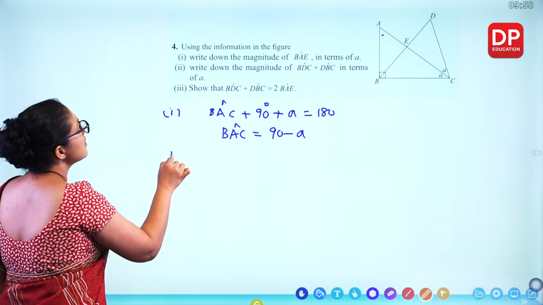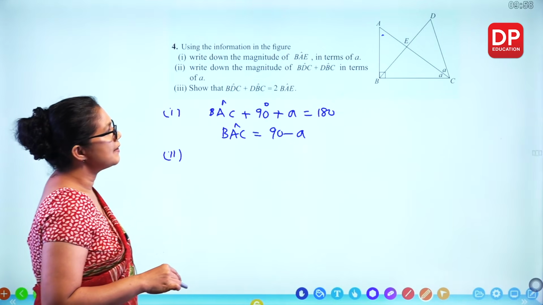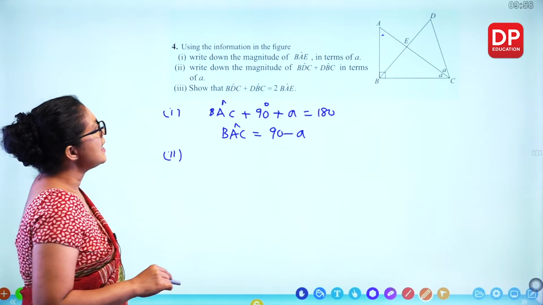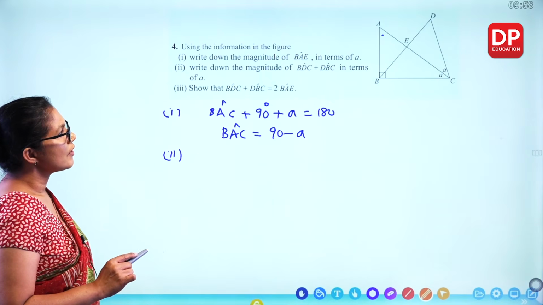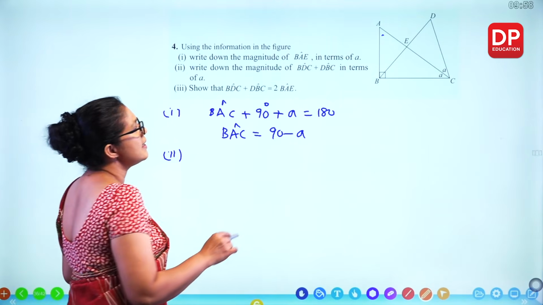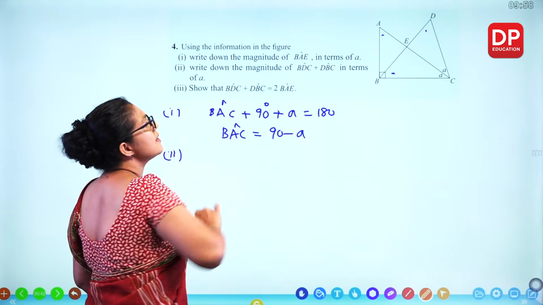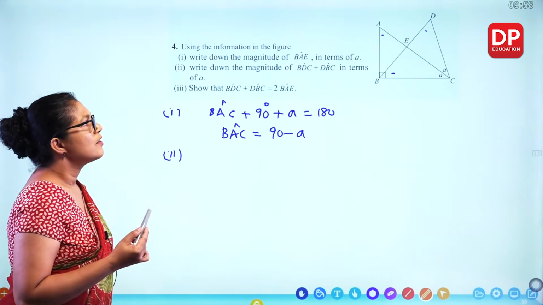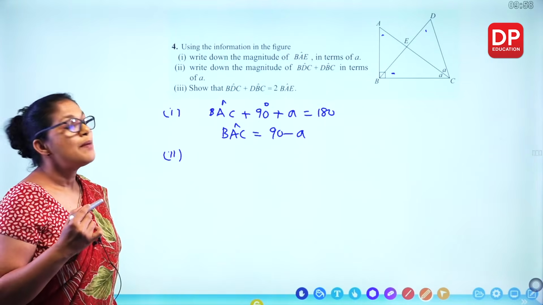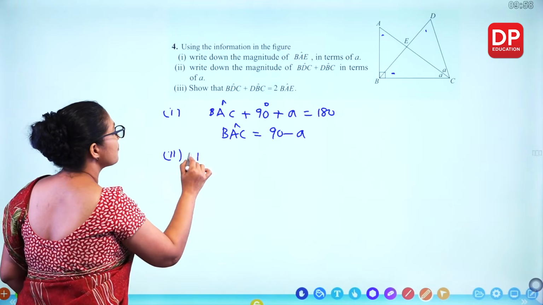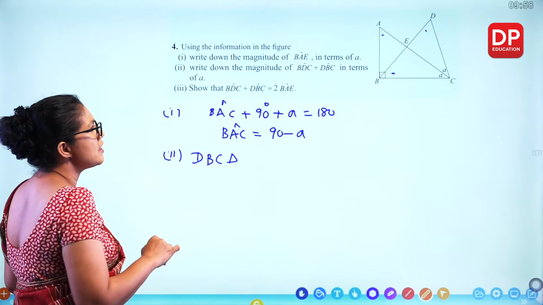Now the second part, they want us to write down the magnitude of BDC plus DBC, this and this, in terms of A. So we'll take the DBC triangle. What can you say about the DBC triangle?